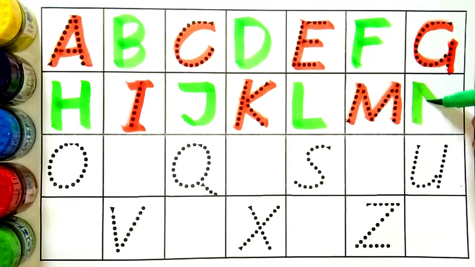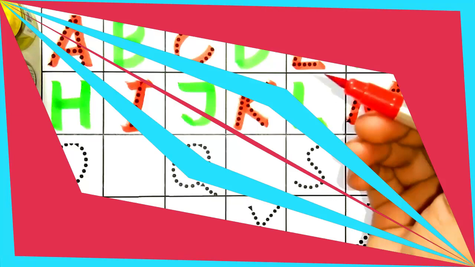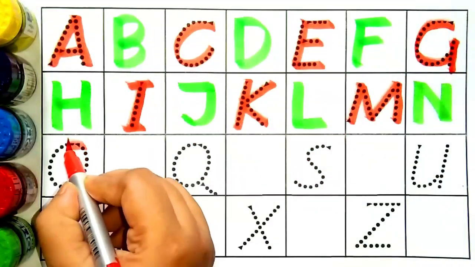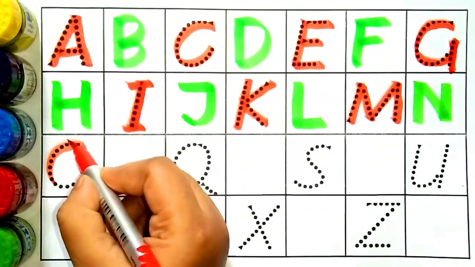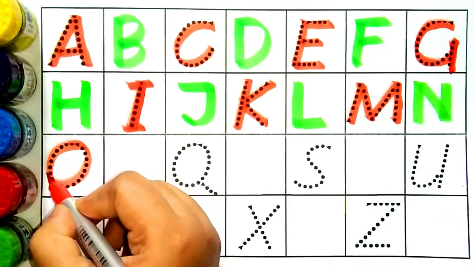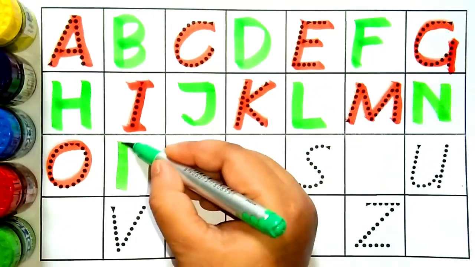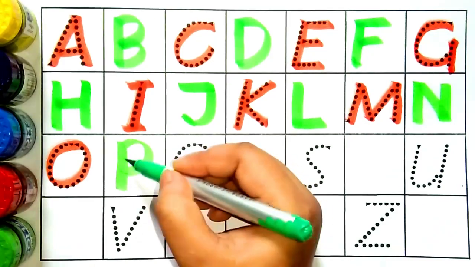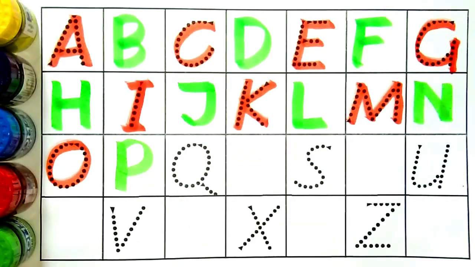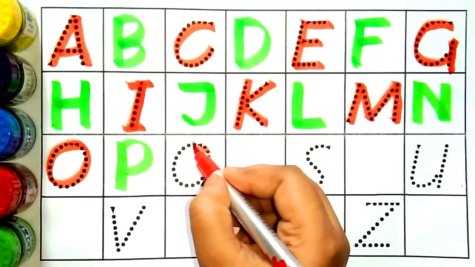N for nose, orange color. O for orange, light green color. P for peacock, orange color.